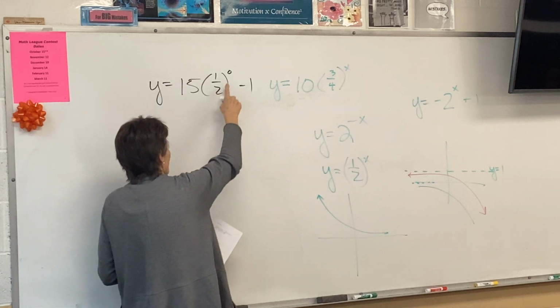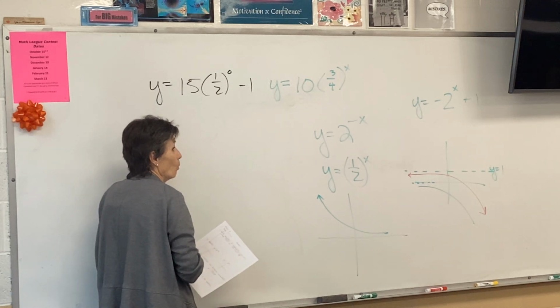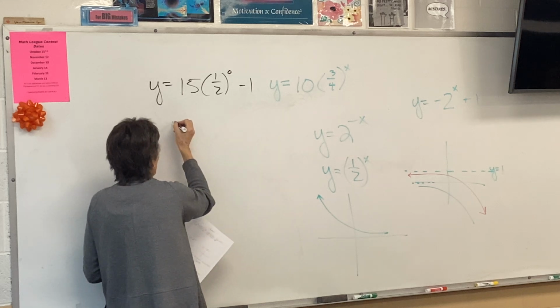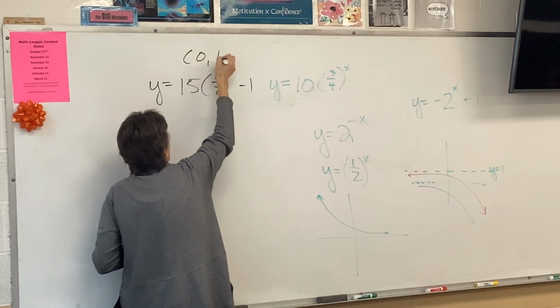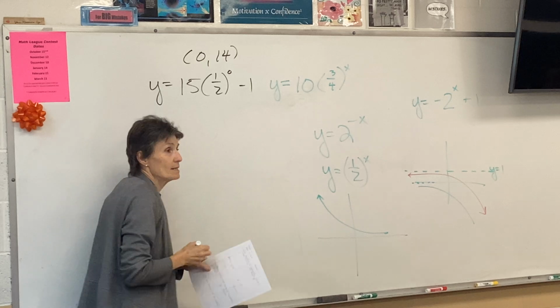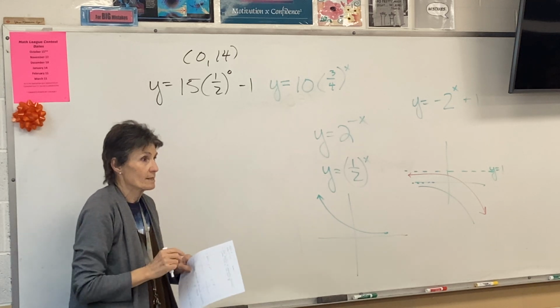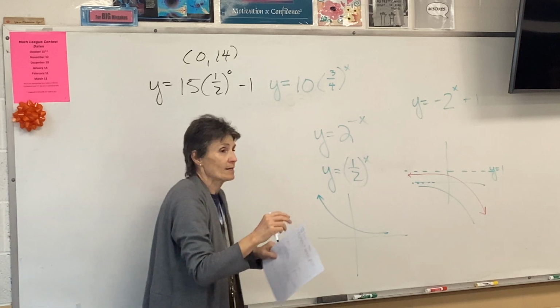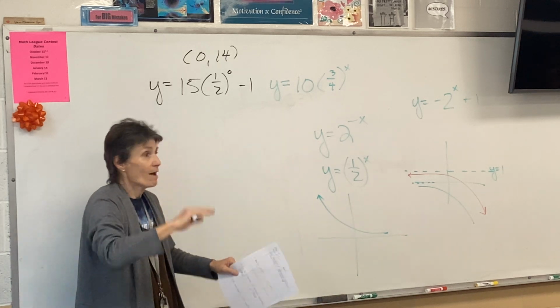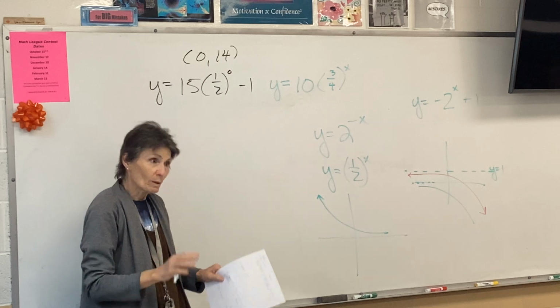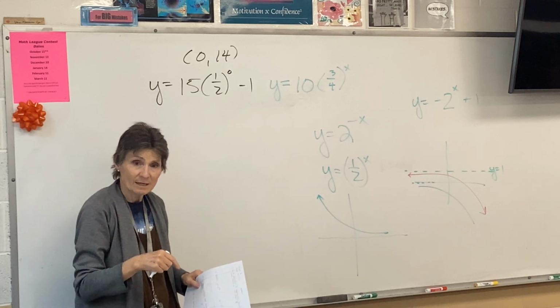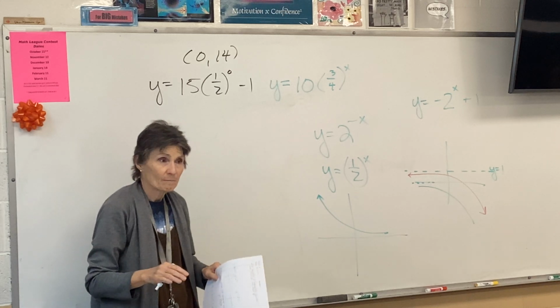What's 1/2 to the 0? 1. 15 minus 1 is 14. So my y-intercept is (0, 14). Guys, I don't care what the equation is. It can have sines and cosines and logarithms and everything in it. If you want the y-intercept, you let x be 0, period.